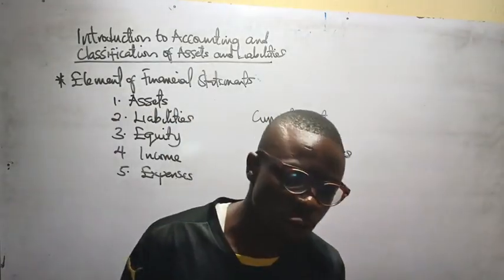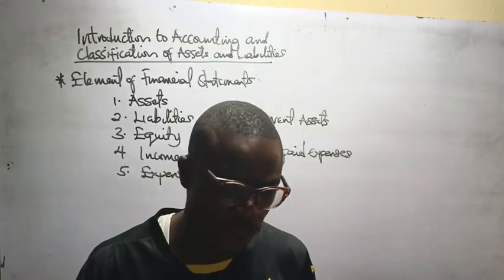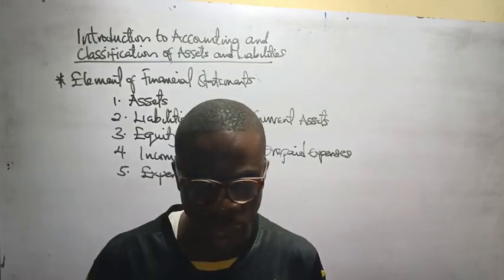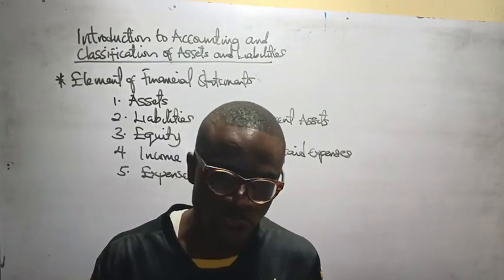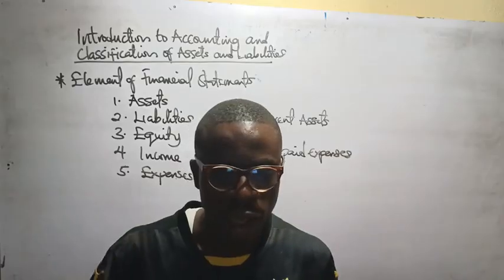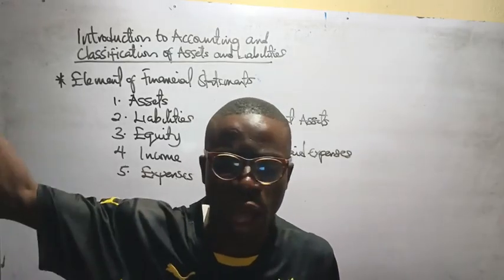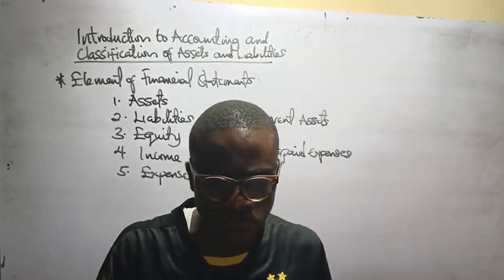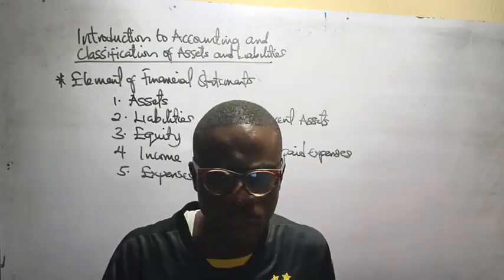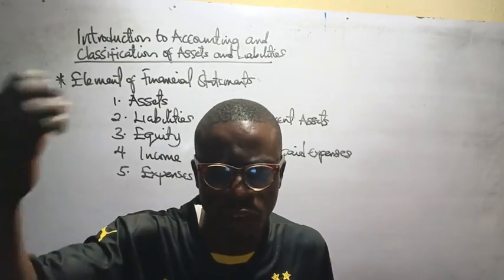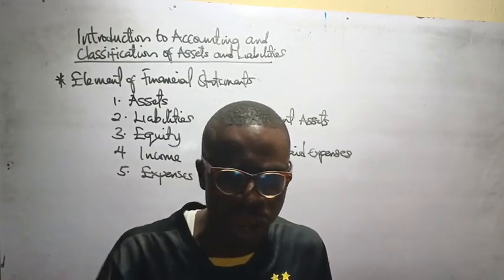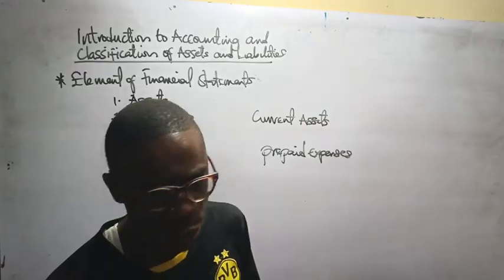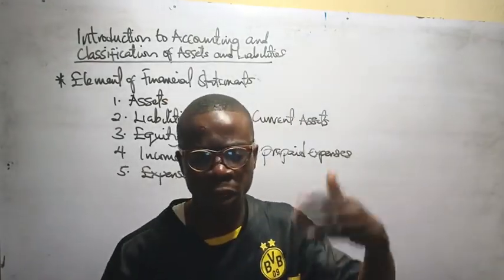I've transferred cash to the hair stylist, but I have not gone there because I don't have time. That payment I made to the stylist is a prepaid expense, a current asset to me. Any payment I have made in advance that I have yet to enjoy the benefit of is what we call prepaid expenses. Are we together now?